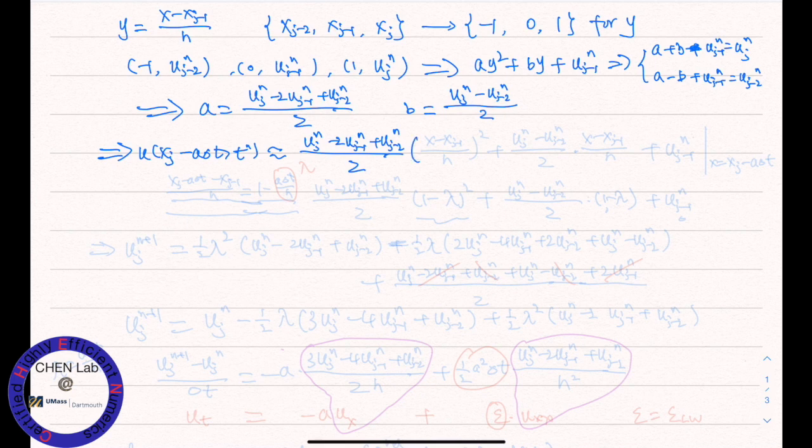What is y? y is (x minus x_{j-1}) over h, squared. Alright. Plus b, which is u_j^n minus u_{j-2}^n, times my y, which is (x minus x_{j-1}) over h, plus my c, which is u_{j-1}^n. Okay?